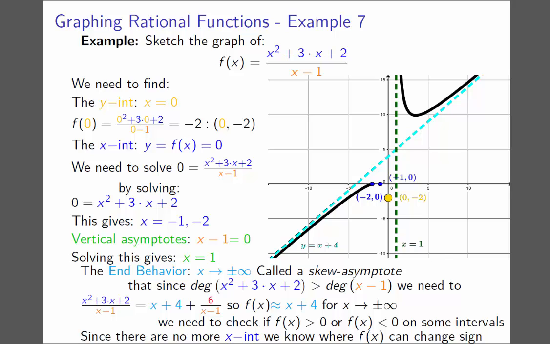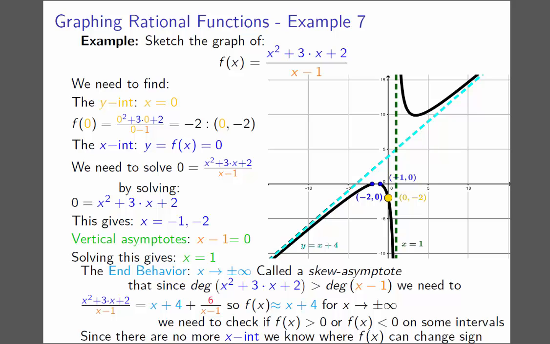Now between the x-intercept negative 1, 0 and our vertical asymptote at x equals 1, our function passes through the point 0, negative 2. And since our y value is negative at this point, our y value must be negative for all points in between.